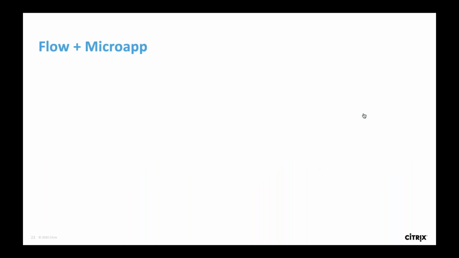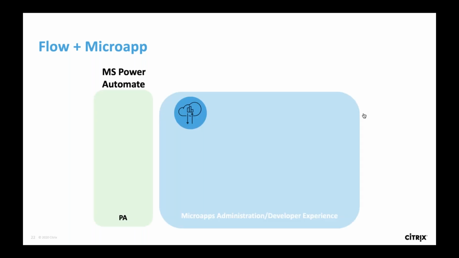So if we think about how that general flow would plug into the microapp diagram we saw earlier, it would look a little something like this. We would have our integration. Our integration makes an API call to our trigger in Microsoft Power Automate. That then kicks off the logic.